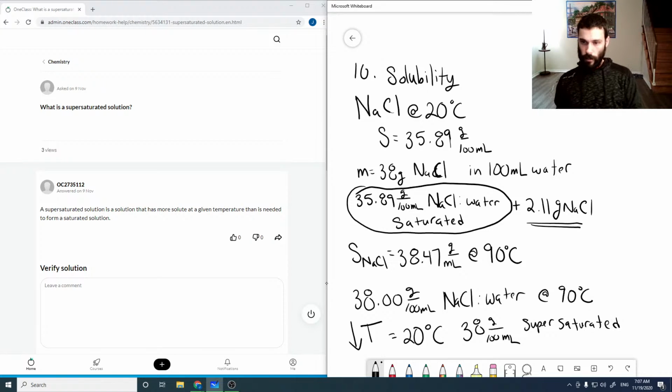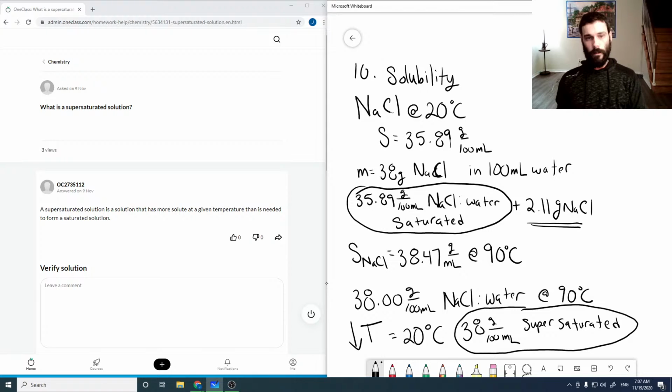And so, just to answer the question, a supersaturated solution is one where the concentration of solute is higher than the saturation limit, or higher than its solubility at that temperature.